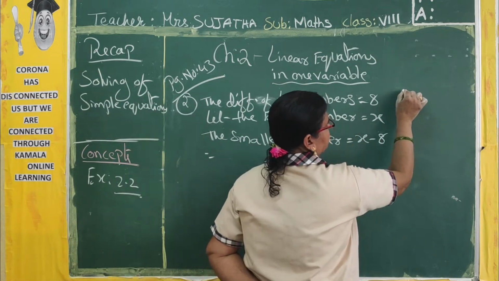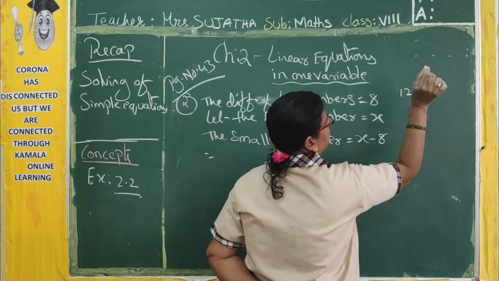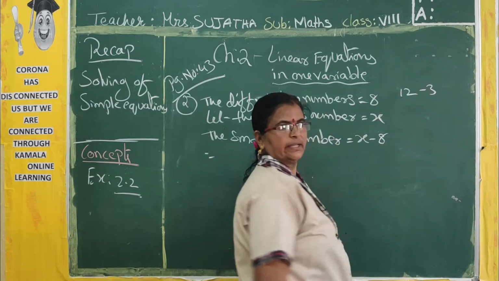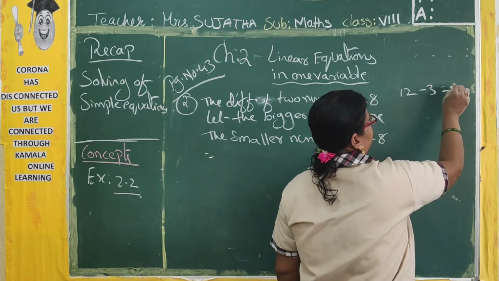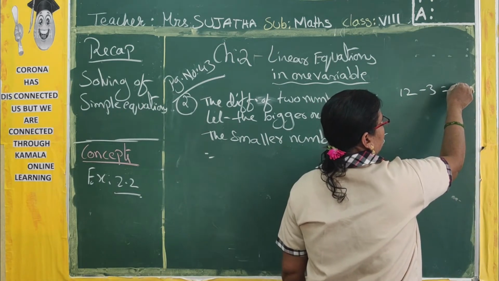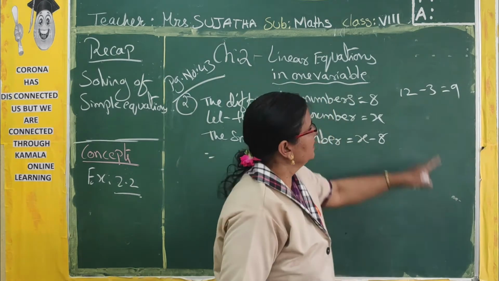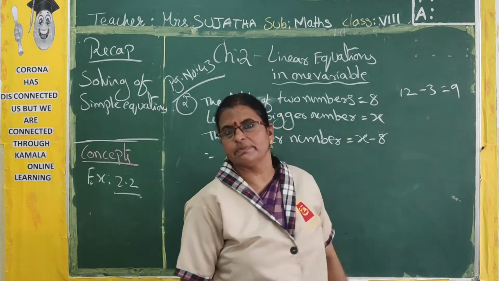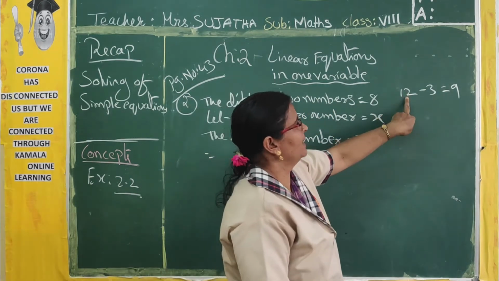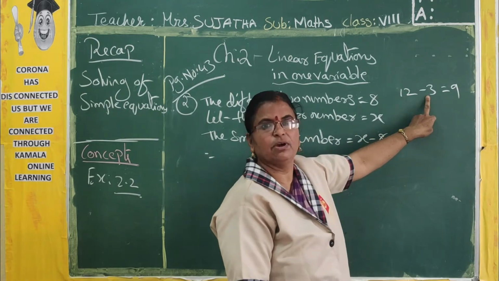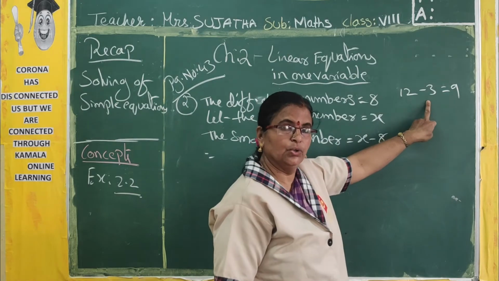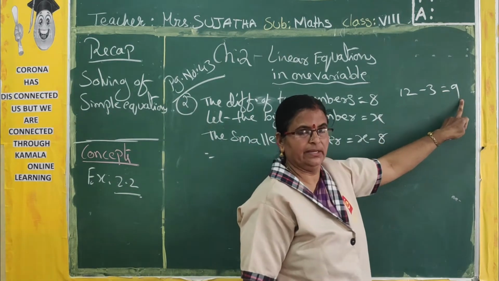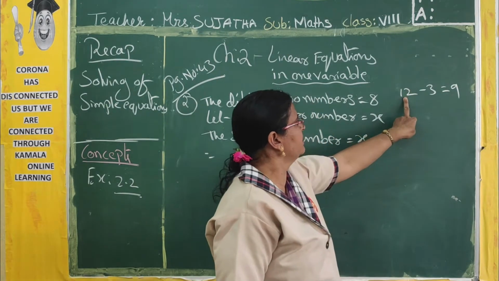Okay. Now, see, suppose 12 minus 3. If I take 12 minus 3, it is equal to 9. In this, what is the bigger number? 12 is the bigger number, 3 is the smaller number. So, if you subtract these two numbers, you get 9. So, what am I taking here?